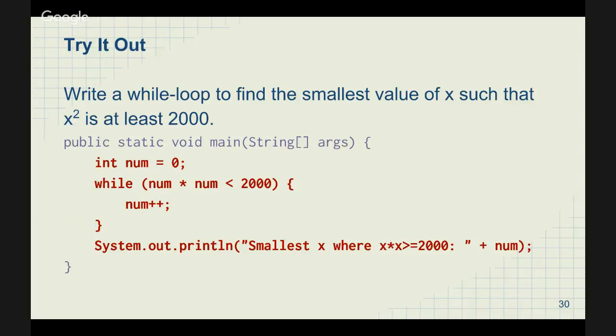So that's a really good question. If we had until num squared is equal to 2,000, the problem is we could bypass it, right? Num only goes up by 1 every time, but squares go up much faster than that, right? The square numbers go 1, 4, 9, 16.